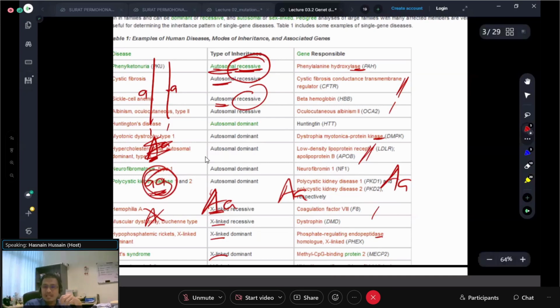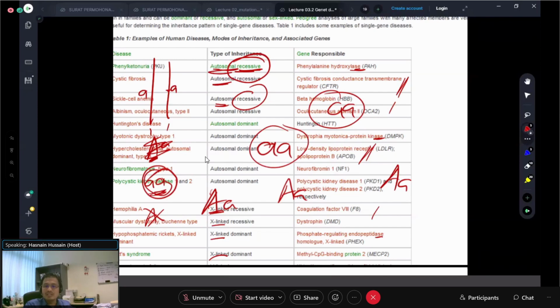But in another individual with small a, this will be the abnormal individual. So when you come across a gene that causes the disease in the form of autosomal recessive, or sometimes they mention it as recessive only, straight away you have to know that they have to be homozygous recessive. It cannot be heterozygous.